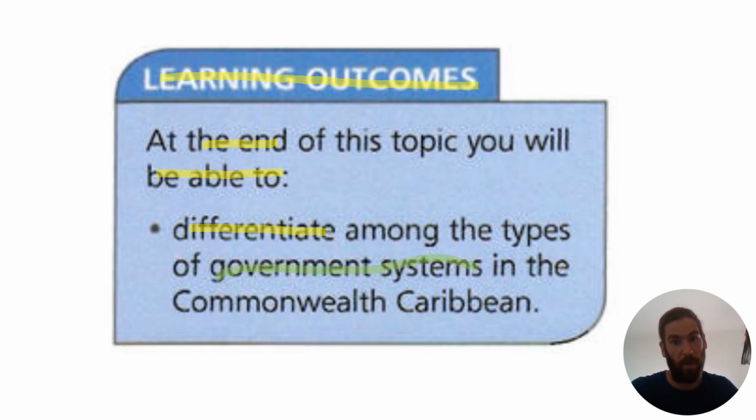So you have to say, okay, there are Republican government types, there are parliamentary government types. This can be the head of state there. This is the government there. These are nominated, these are elected. So you gotta differentiate between them.